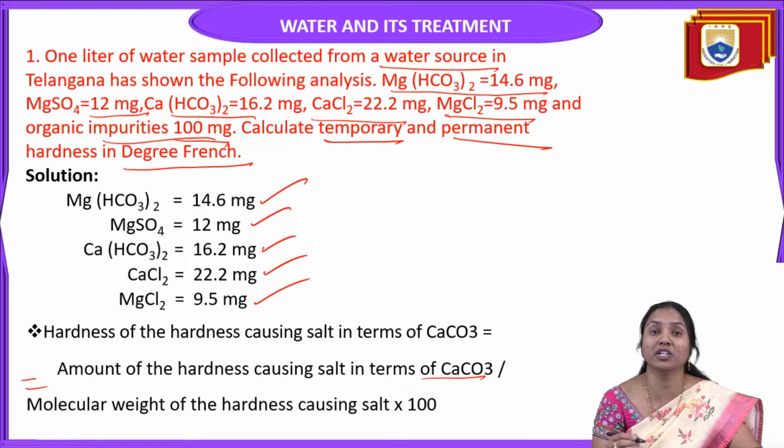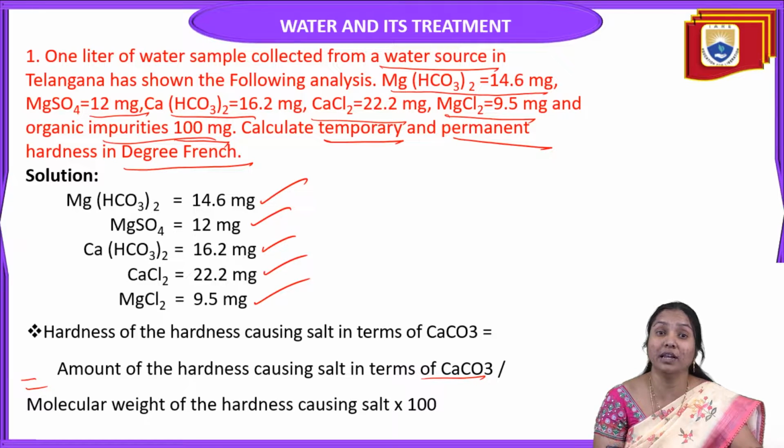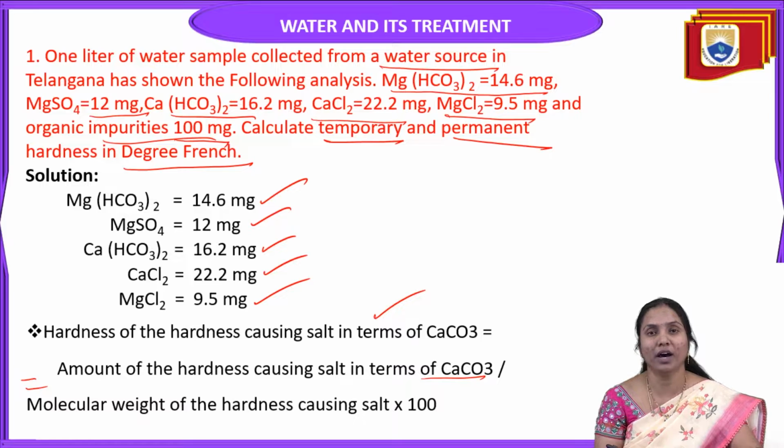Because it makes calculation very easy. Many hardness causing salts are present in water, but we prefer only CaCO3 because its molecular weight is 100, its equivalent weight is 50, and it is highly insoluble in water. That's why we convert all the hardness causing salts into CaCO3 equivalent terms using this formula.